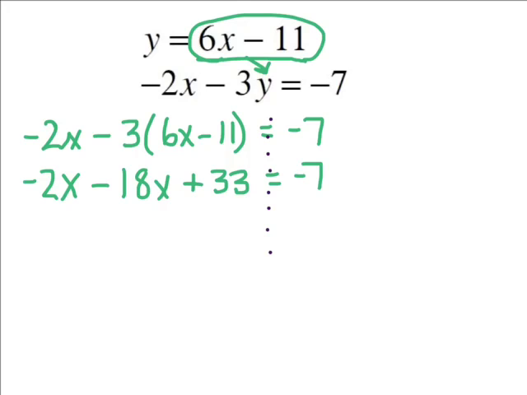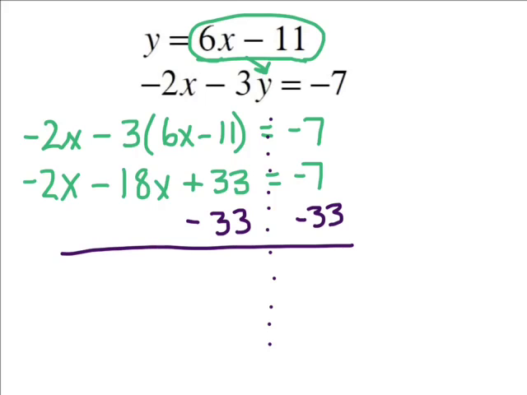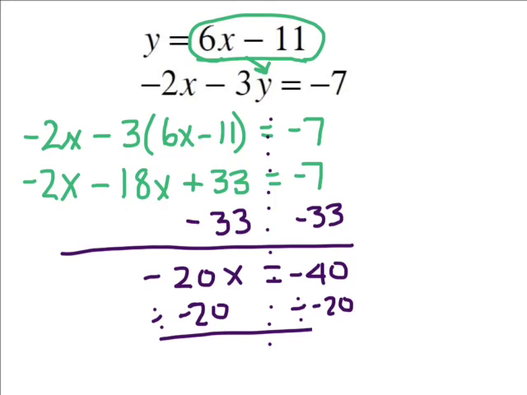So, let's draw our line. We're going to solve for x. Let's get rid of the 33. That's negative 40. And then negative 2x minus 18x comes out to be negative 20x. Divide by negative 20. And that equals 2. So we're halfway there.